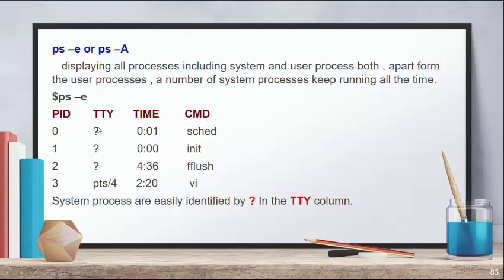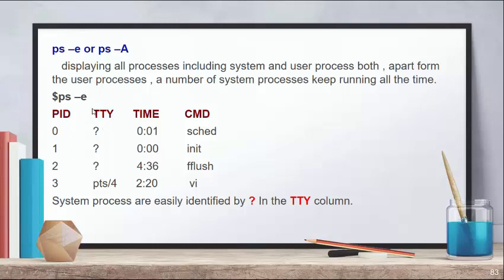Now over here TTY, you see this question mark. The system processes are easily identified by this question mark in the TTY column. Now over here जैसे मैंने बोला ps -e और ps -A is used to display both the processes, system process and user process. But how to know which process is system process and which process is user process? So it is very easy to identify the system process.